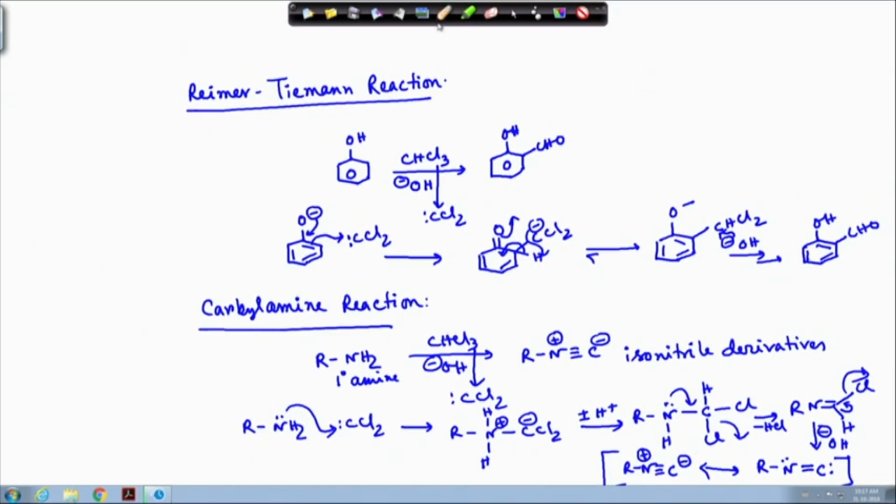Okay. So, we have discussed two different types of reactions which are important for carbenes. One is called the Reimer-Tiemann reaction and another one is called the carbylamine reaction.